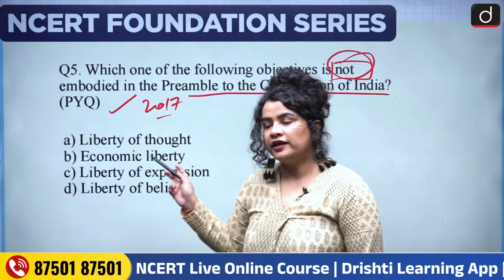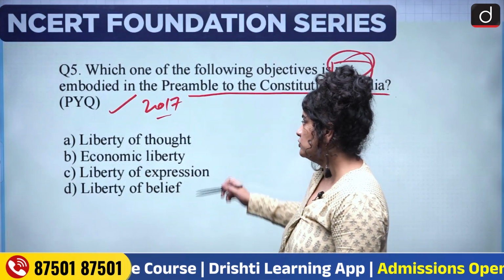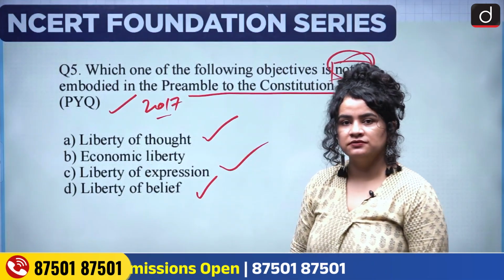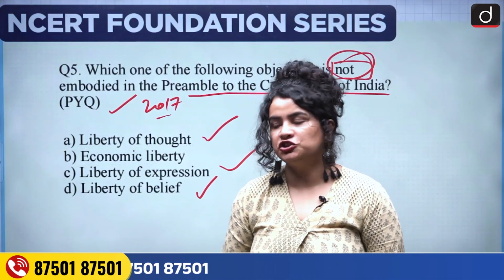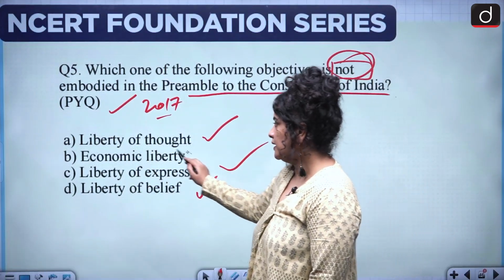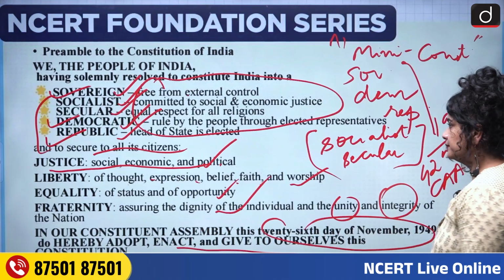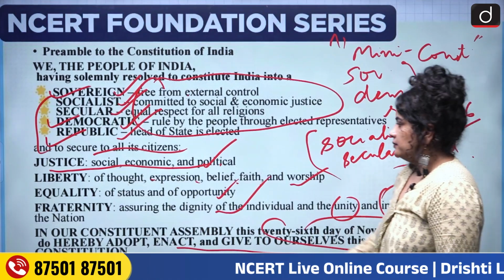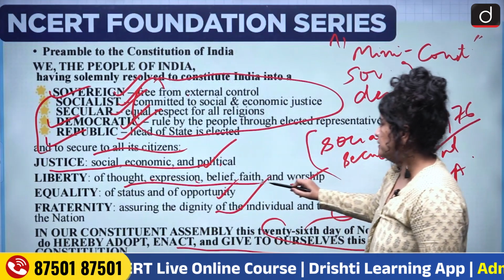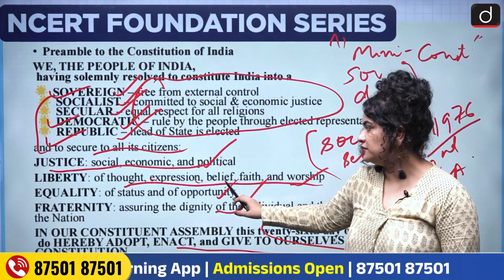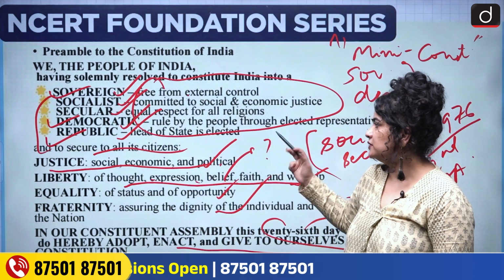We just took a look at the preamble. It talks about liberty of thought, belief, and expression, right? Also worship. But does it talk about economic liberty? It doesn't. If we go back, thought, expression, belief, faith, and worship. Nowhere has it talked about economic liberty.